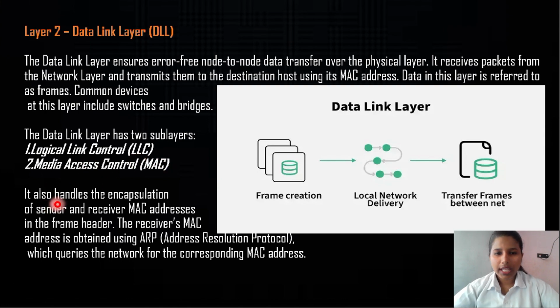It also handles the encapsulation of the sender and receiver MAC addresses in a frame header. The receiver's MAC address is obtained using ARP, the address resolution protocol, which requests the network for the corresponding MAC address. That is nothing but frame creation, local network delivery, and transferring the frames between the nodes.